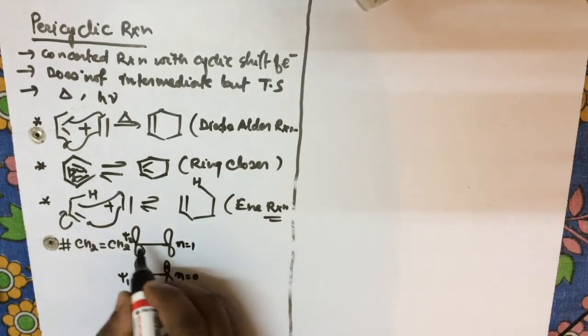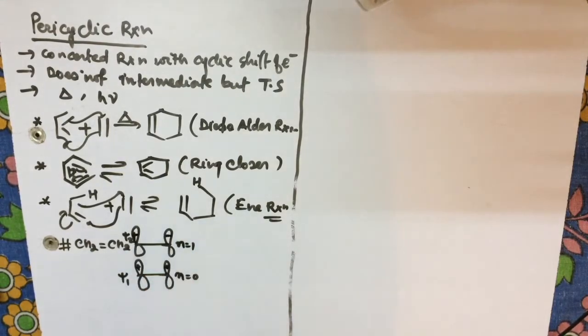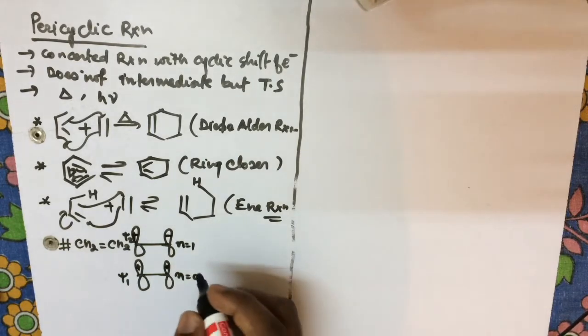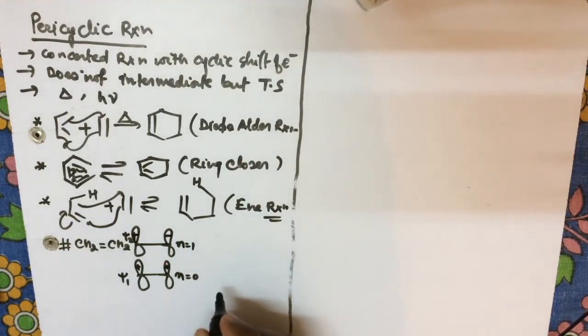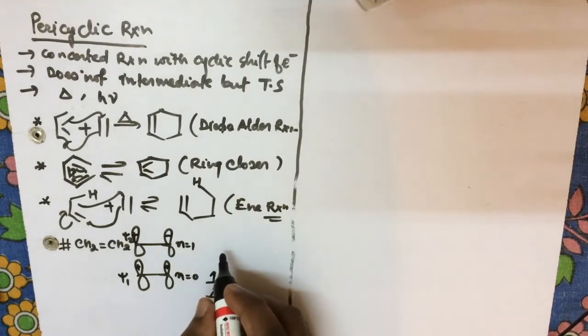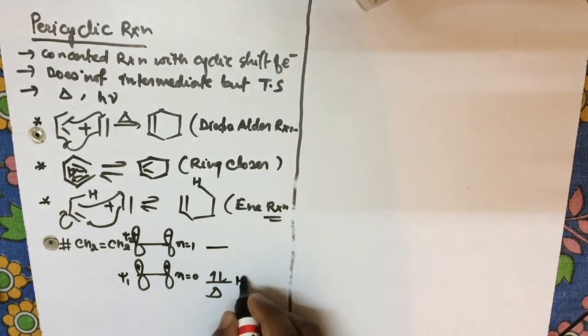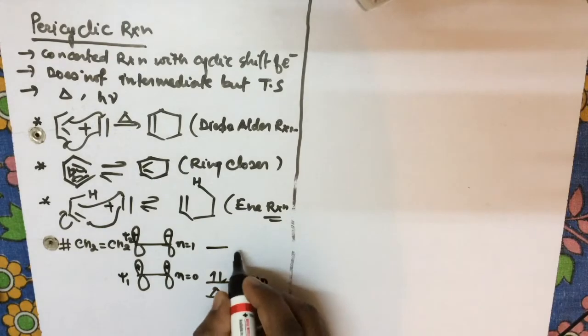For psi 2, n equals 1 node, plus minus. Under heat condition, the 2 electrons are in the ground state, and this is HOMO, this is LUMO.